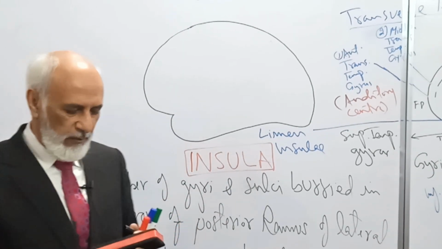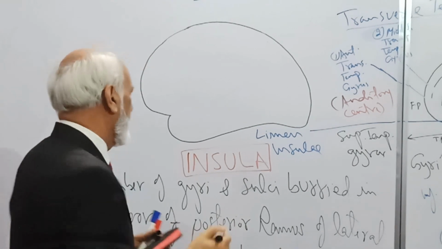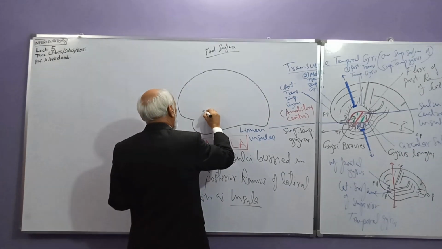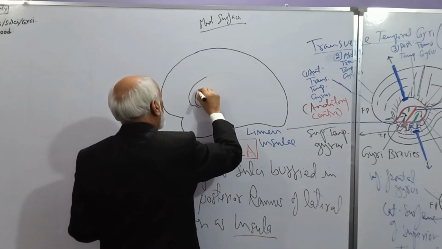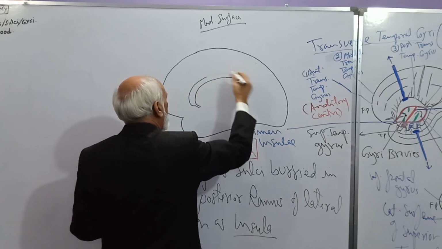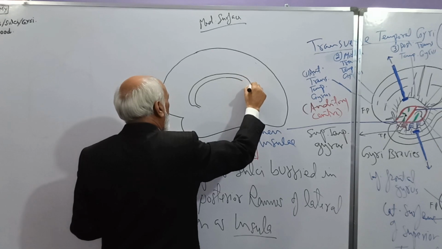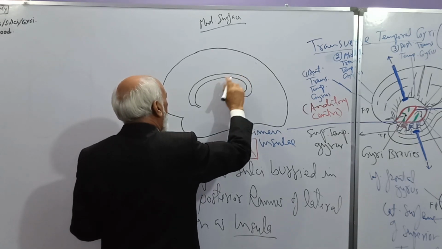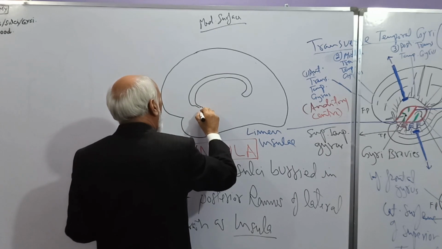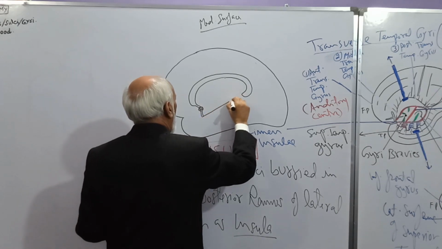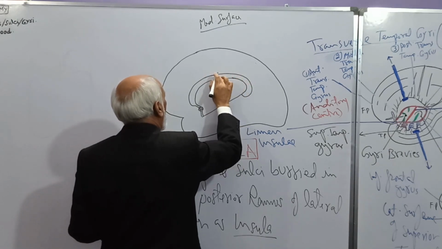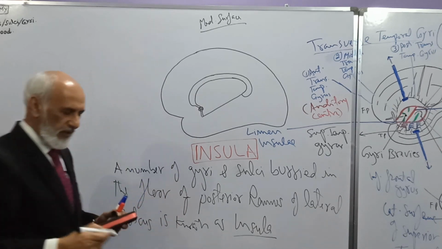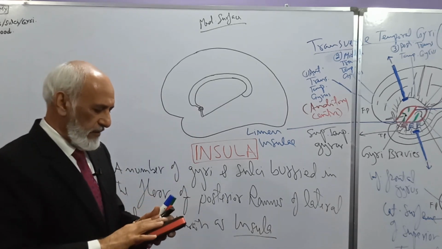Now the medial surface will be more clearly visible if you cut the midline structures. Now for example, what are the midline structures seen in section? There are several structures. Now we will discuss some of these.